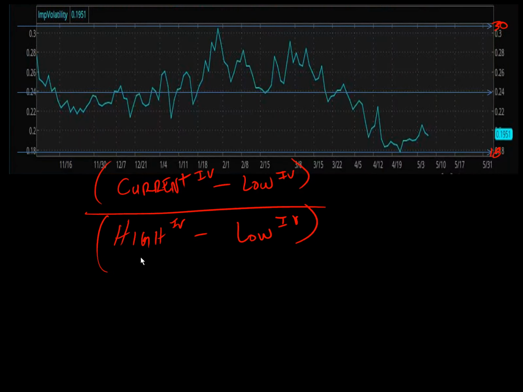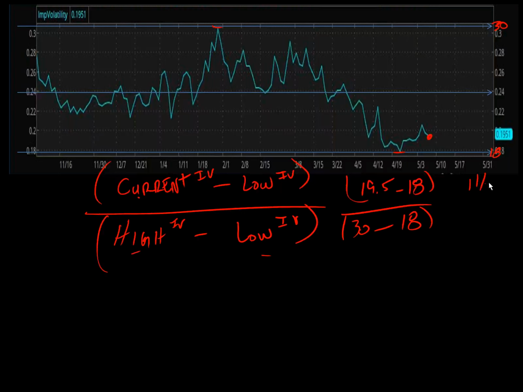So really, you can start to see that we're trying to figure out where the current is in relation to the high and low range. So we take the current, which is 19 and a half, minus 18, and divide it by 30 minus 18.